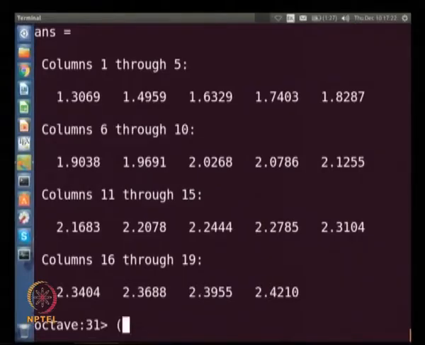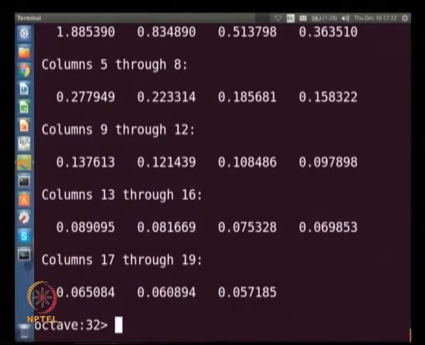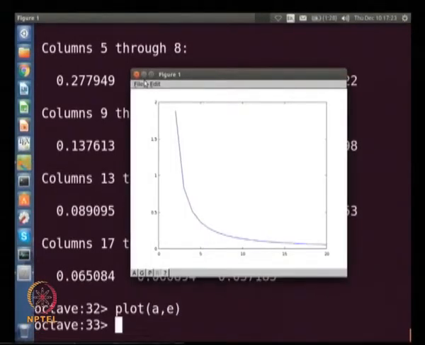So, E is equal to Z minus B divided by the Z value. Now I am getting it right. So, let us plot this quantity, plot A comma E. Now, I have got it correct.